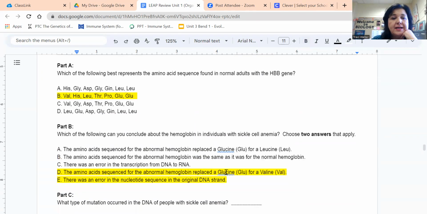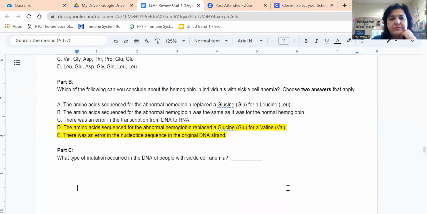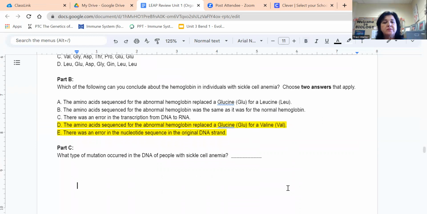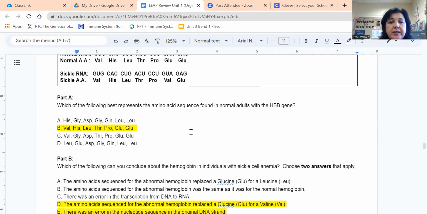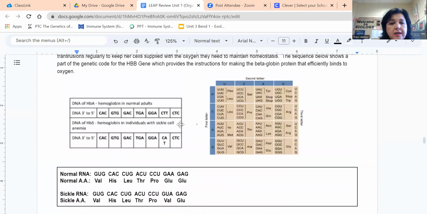And then finally, the last question, you probably wouldn't have known this one unless you remembered, because this is, again, a review. But in the next video, we're going to talk about mutations. And so we will talk about the type of mutation that occurred here. So part C says, what type of mutation occurred in the DNA of people with sickle cell anemia? If you look up here at the DNA, and you see that the only difference is that instead of CTT right here in the sequence, we've got CAT.